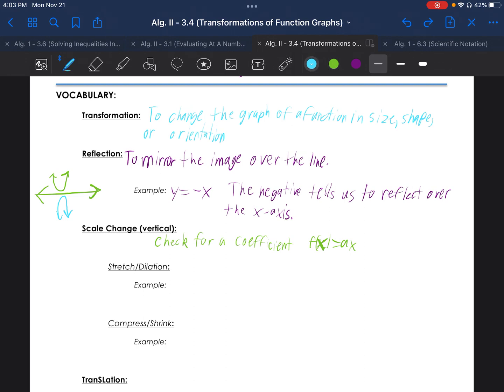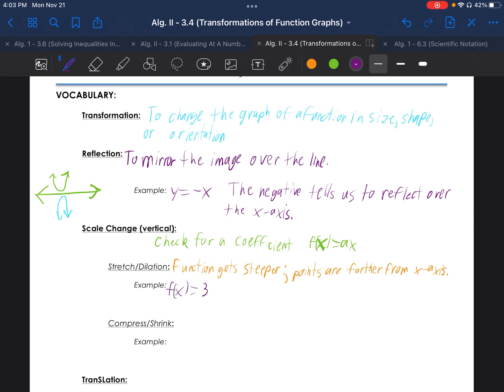So stretch dilation, that's a more specific type of scale change. The stretch, let's go in orange, the function gets steeper. The points are further from the x-axis.